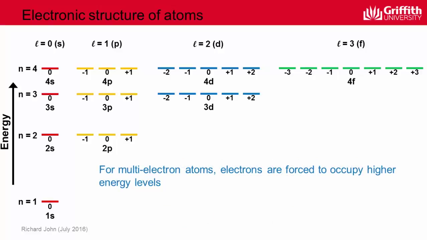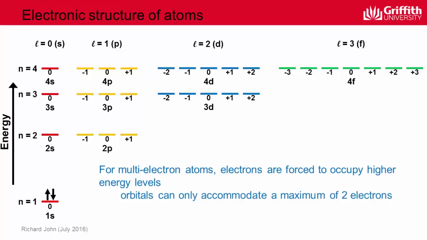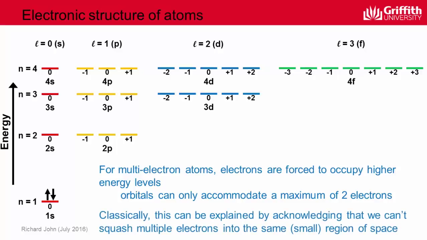Now for multi-electron atoms, as we get more and more electrons in atoms, the electrons are forced into higher and higher energy levels, and it turns out that orbitals can only accommodate a maximum of 2 electrons. And again, if we consider that an orbital is just a region of space, we can explain this using classical physics by acknowledging that it simply becomes more and more difficult to squash multiple electrons into the same small region of space close to the nucleus, particularly when these electrons all have a negative charge and tend to want to repel each other.